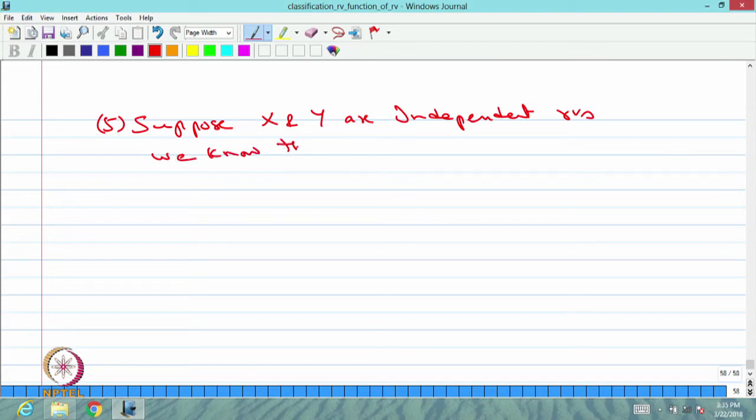The next result, result number 5. Suppose the random variables x and y are independent. We know that the joint CDF is the same as the product of the two CDFs.